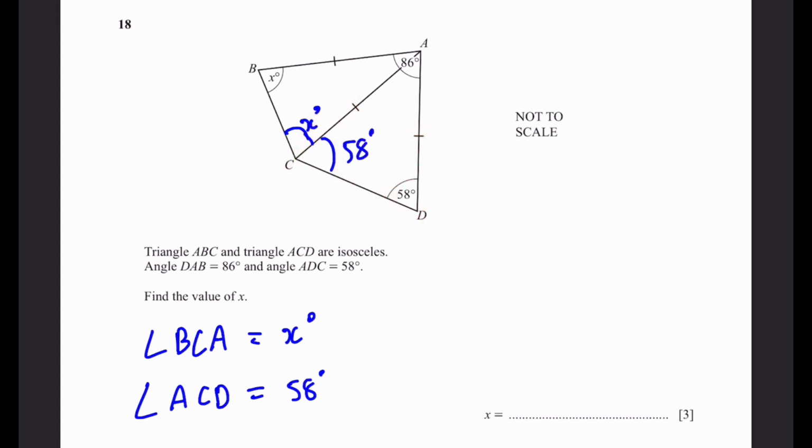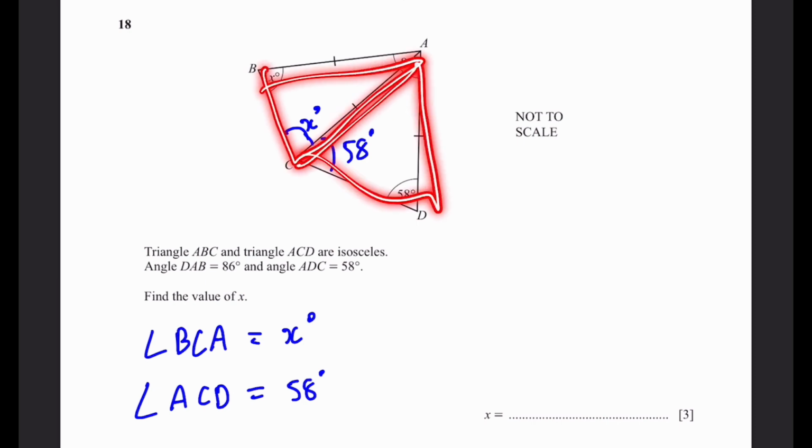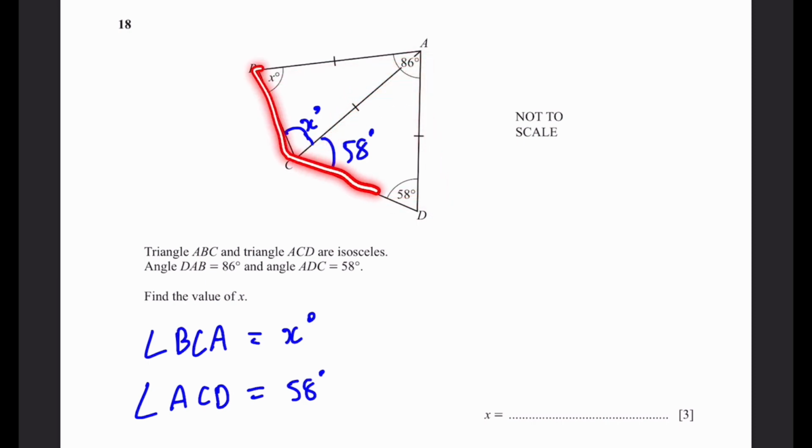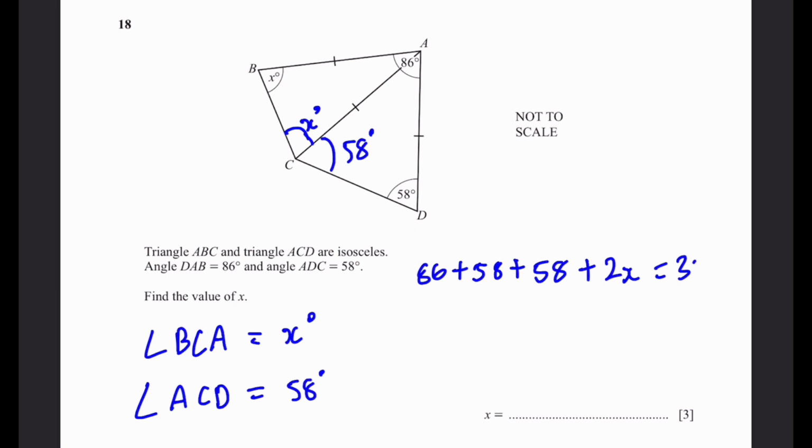Let's write that down. Now, even though these are two triangles, they form one quadrilateral right there. And angles in one quadrilateral add up to 360 degrees. So 86 plus 58 plus 58 plus 2x is equal to 360 degrees.